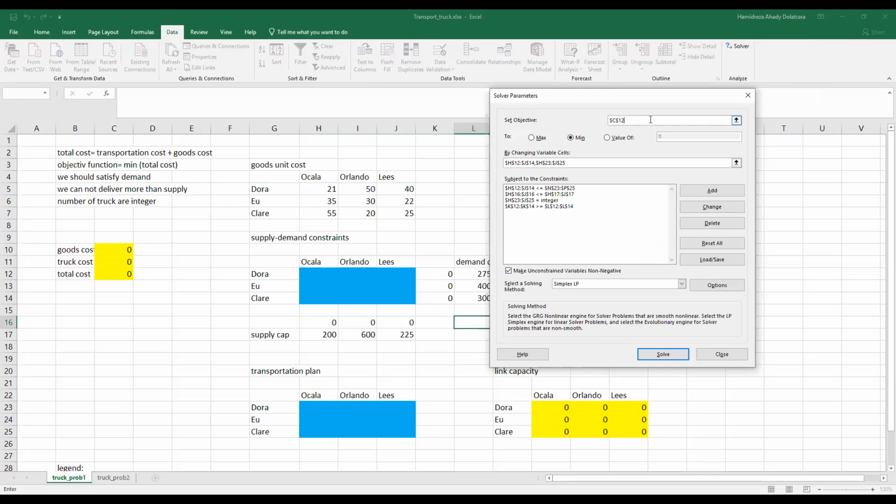In the first cell, I'm telling Excel where my objective function is. My objective function cell is C12, which is for total cost. Excel would know that it should check this cell repeatedly, because the simplex algorithm has some repetitions, some steps. In each step, it checks whether the total cost is getting less or not.